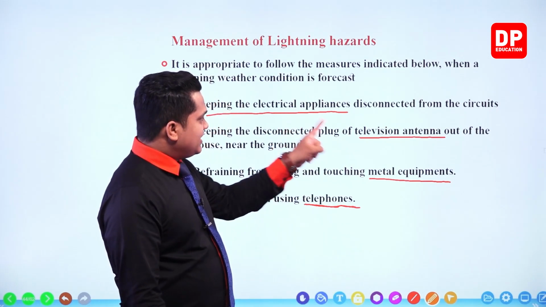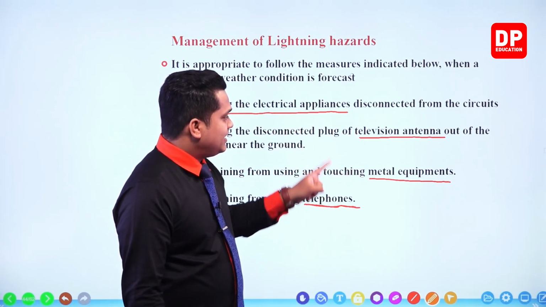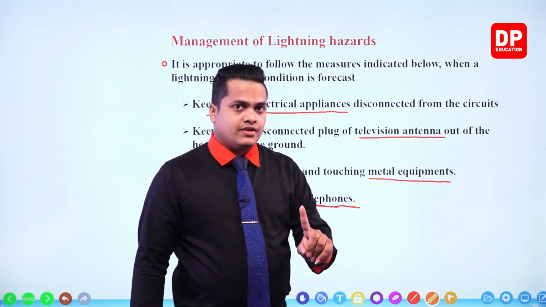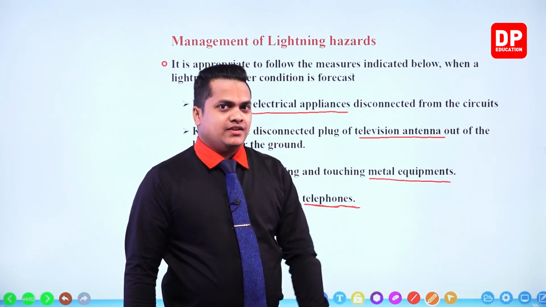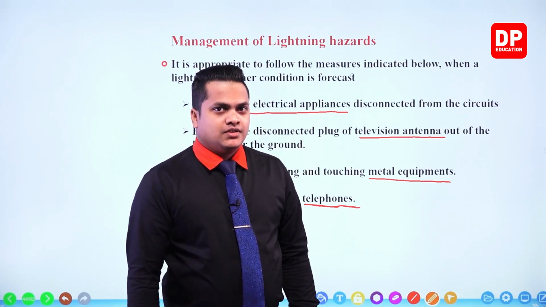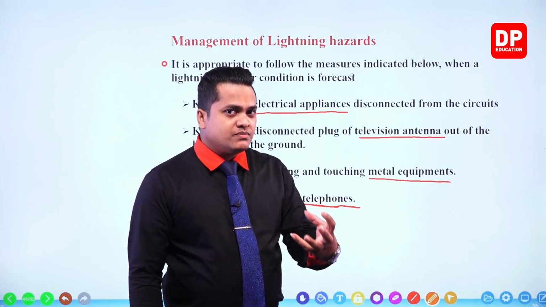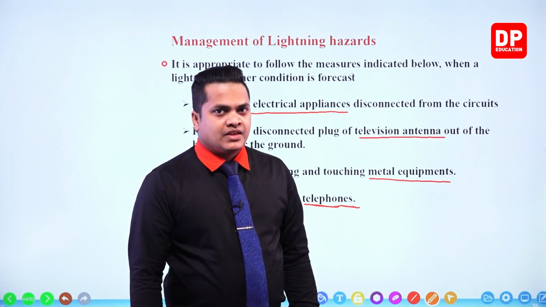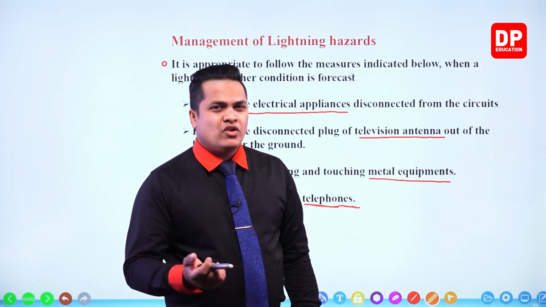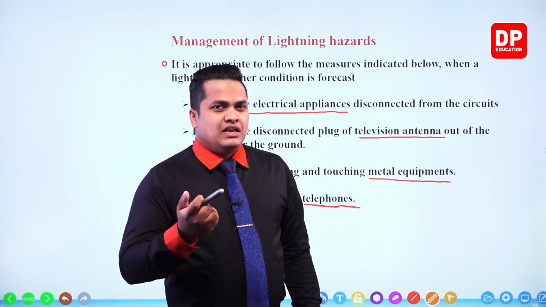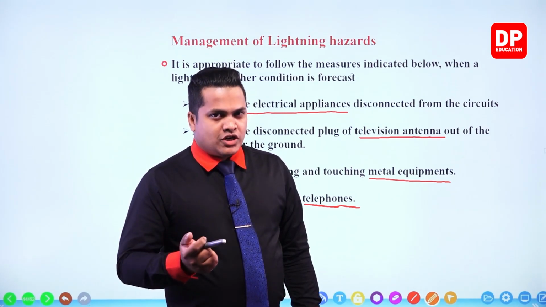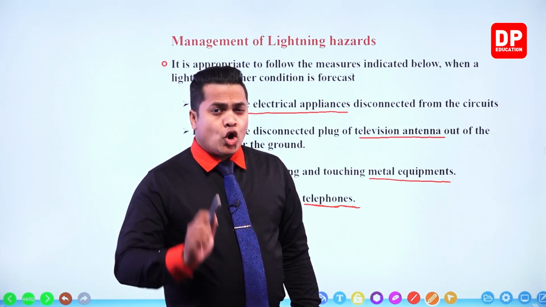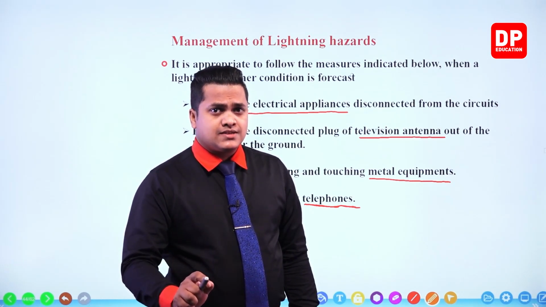So in each of these occasions, my dear children, we are using a conductor. Why is that? Because it's very obvious to us, lightning is an electric discharge. So lightning travels only through conductors.